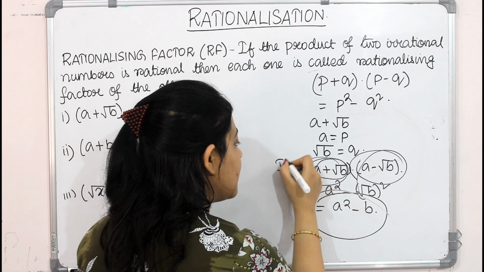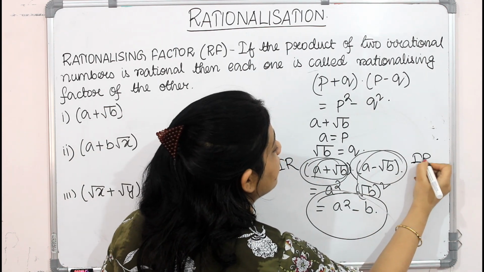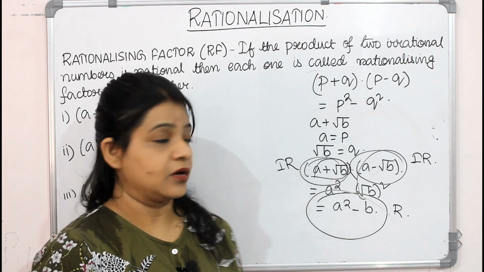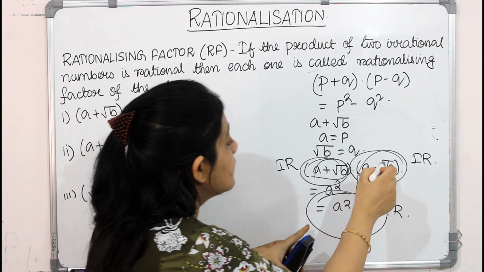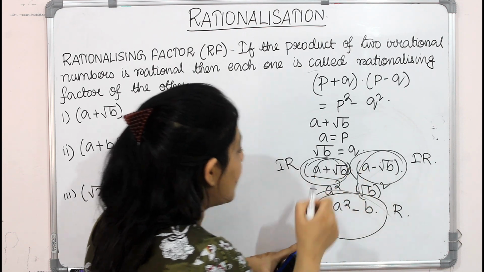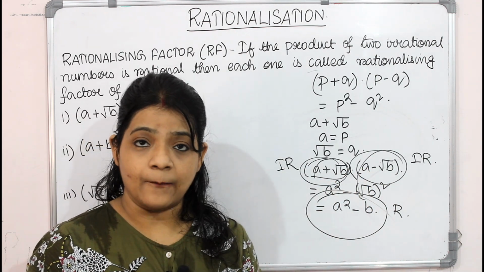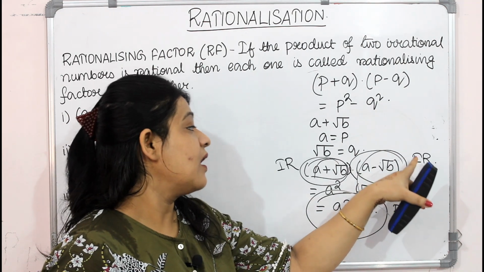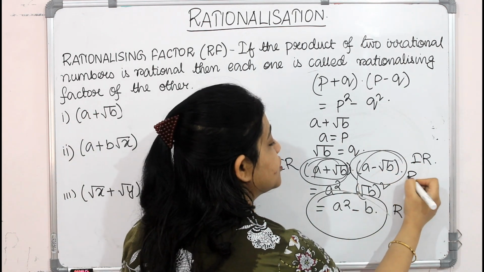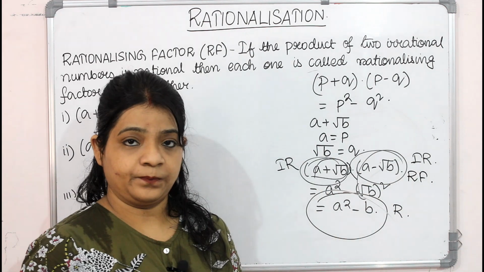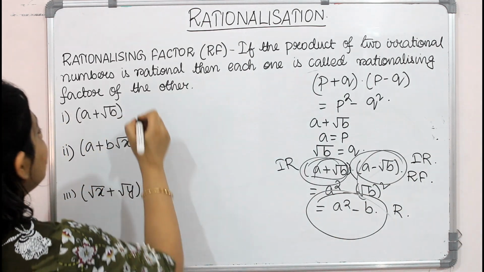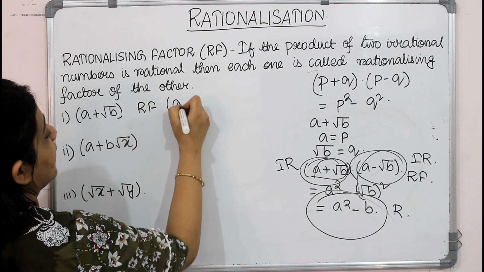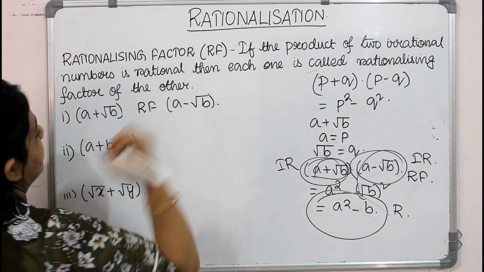The number that you multiply with an irrational number to get a rational number is called the rationalizing factor. So clearly the rationalizing factor for this number is a minus root b.